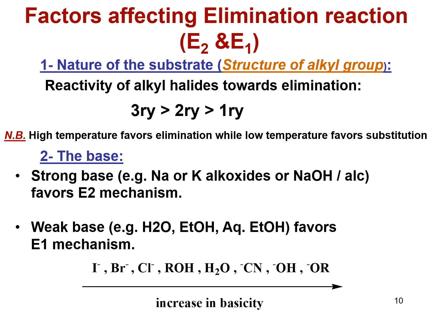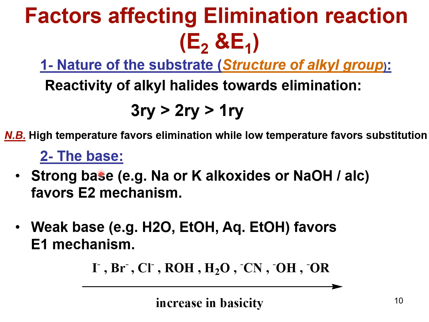As we have mentioned, the factors affecting which type of reaction will take place are the nature of the substrate, which is the nature of the alkyl halide, and the nature of the base used. As we have already discussed, the tertiary will prefer the elimination, then the secondary, then the primary.